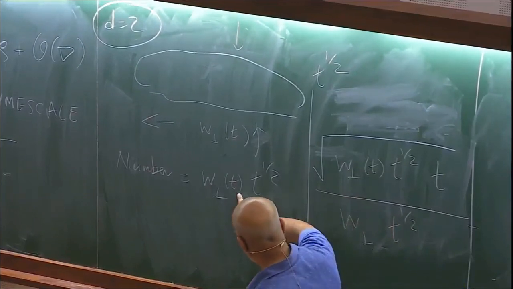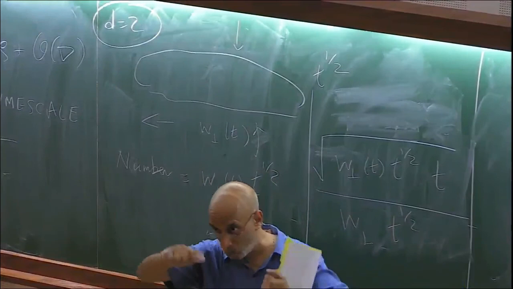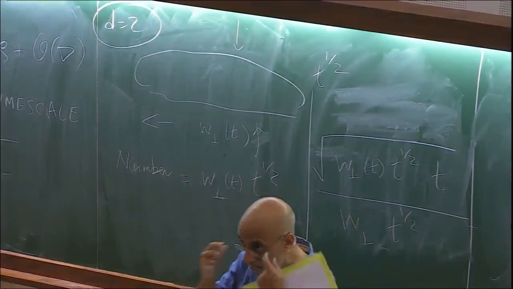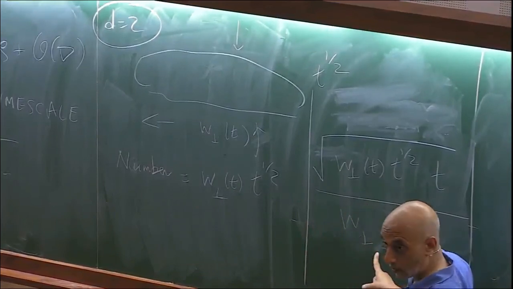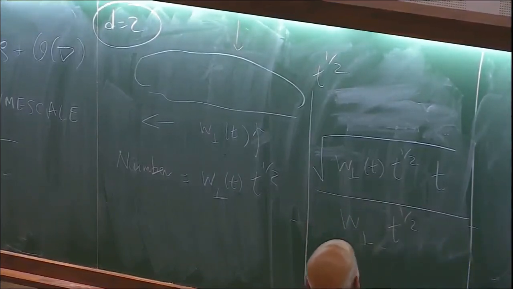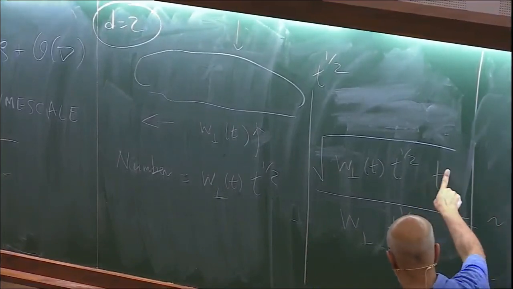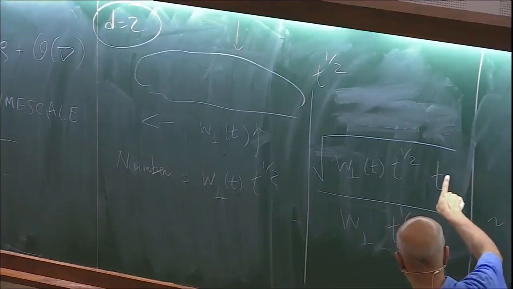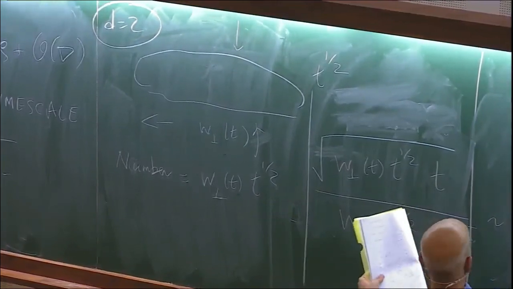You have this many guys, each is making a small error. Over a time t, there's t of those errors, but each of the errors could be this way or that way. So the accumulated angle error is the square root of that. And per spin, it's that divided by the number of spins, which is this guy. And that, I guess, is 3 halves. We get a t to the quarter, w perp to the minus half.